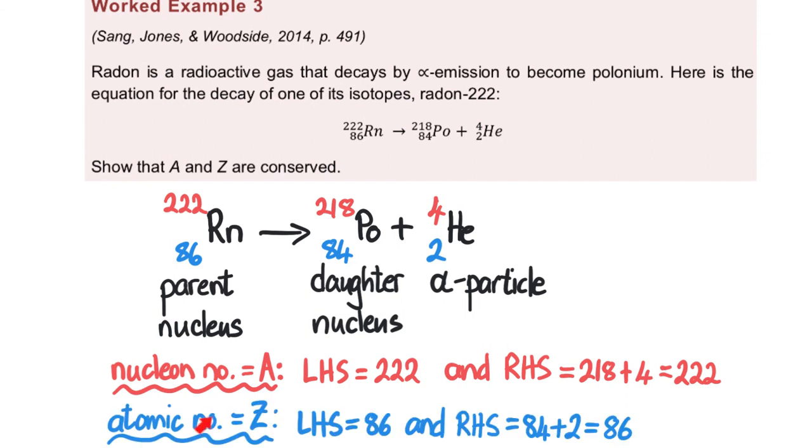Looking now at the atomic number, which equals Z, the left-hand side is 86, and the right-hand side is 84 plus 2, which is 86, and therefore the left-hand side equals the right-hand side, and therefore the atomic number is conserved. So for alpha decay, the mass number or the nucleon number and the atomic number or the proton number is conserved.